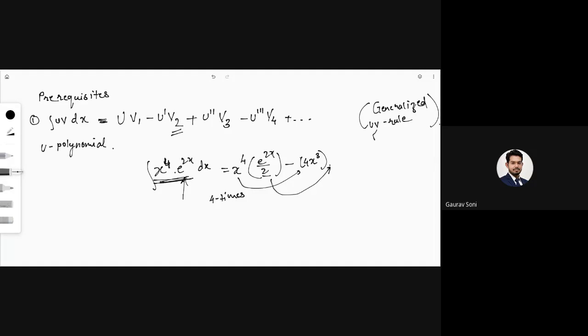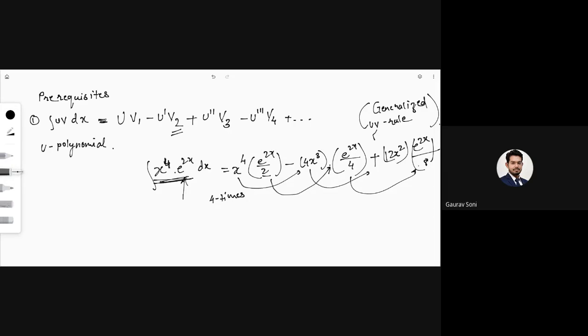The second time will be e to the power 2x by 4 plus the derivative of this, that will be 12x square, and again an integration of this, e to the power 2x by 8.